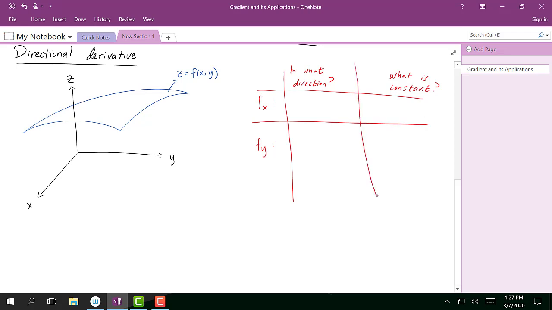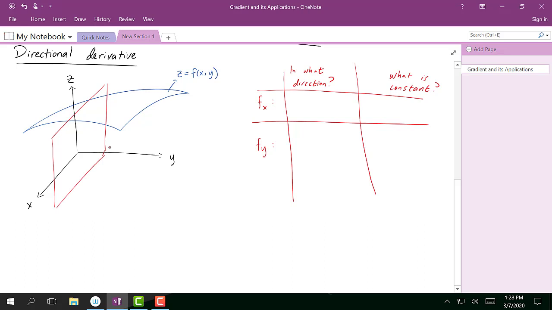Okay, so let's look at the partial derivative of f with respect to x, in which case we hold y to be a constant value. So I'm going to start drawing back on my graph here on the left, and what I'm going to do is draw a plane. So I'm going to get something like this. Hopefully this will make some sense. There we go.